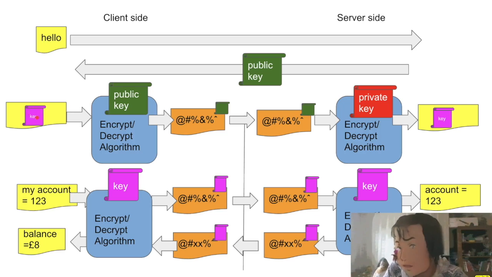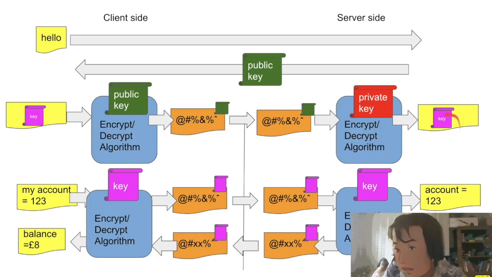The client side will create a key. Do you remember Peter shared the key with Alex? Peter will create the key, and the key will be encrypted by the public key, because as I said before, this is secure enough, so nobody can hack the message. The passcode will be shared with the server side.